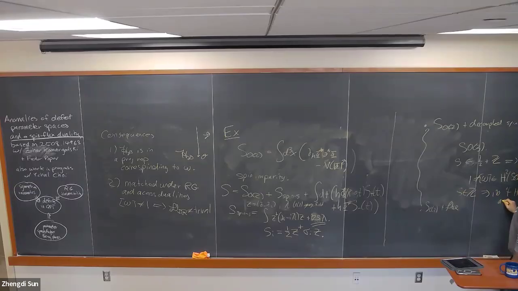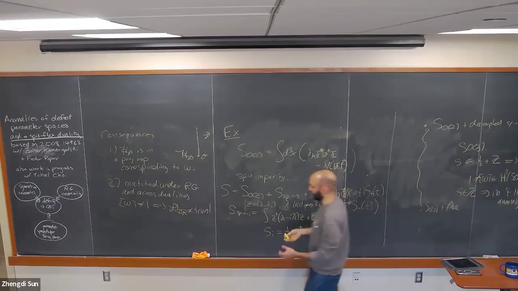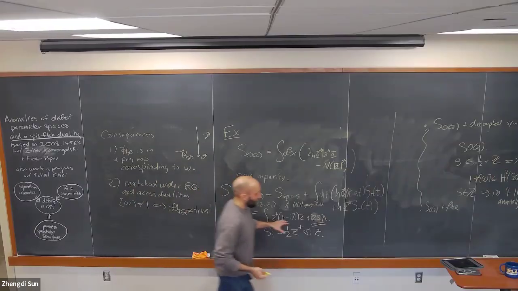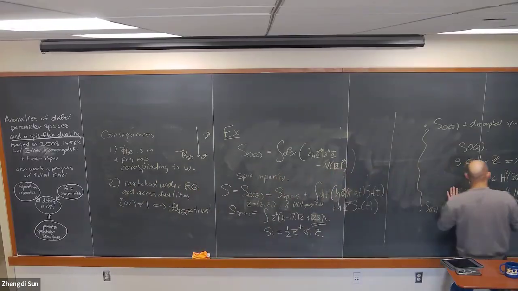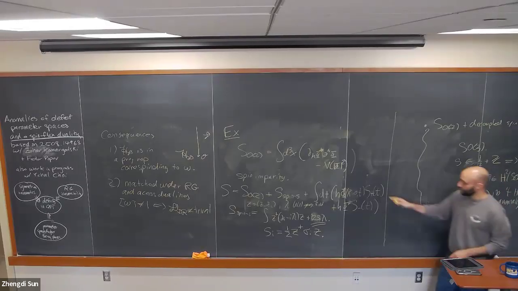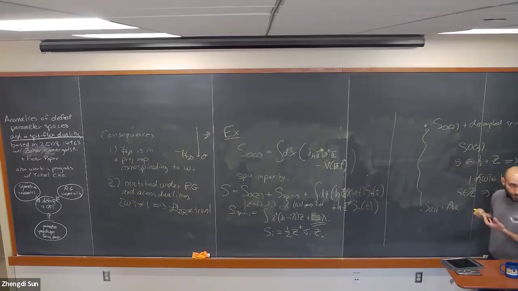So immediately you learn that when S is a half integer, the spin impurity has to become non-trivial in the IR. Actually, sorry, I have to say one more thing, which is that this is the anomaly of SO3. The O2 symmetry that's preserved by the setup is a subgroup of this SO3.